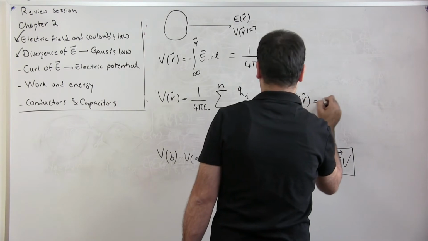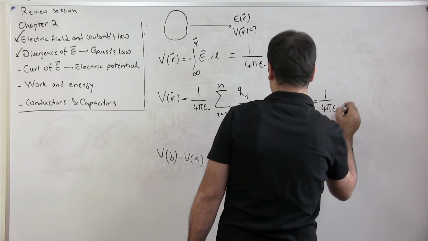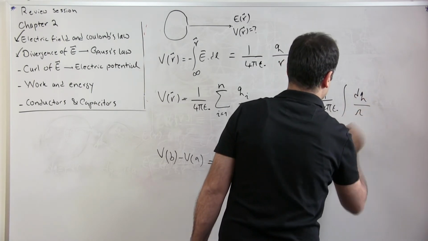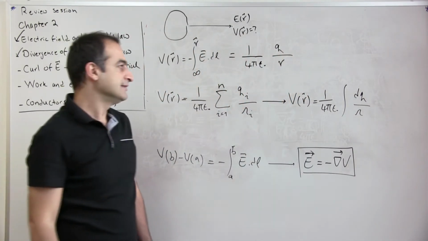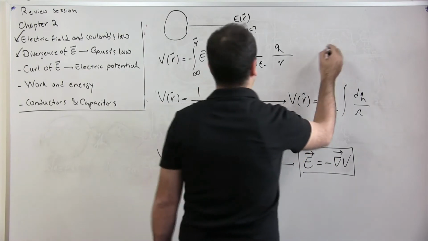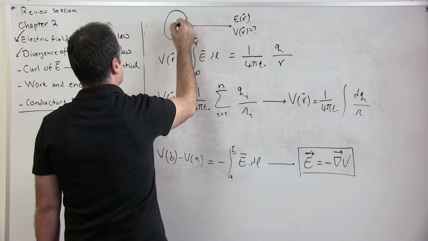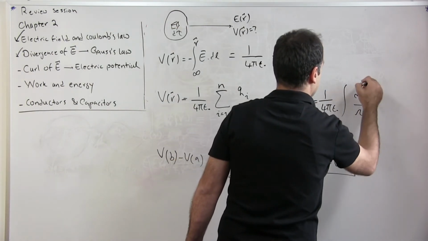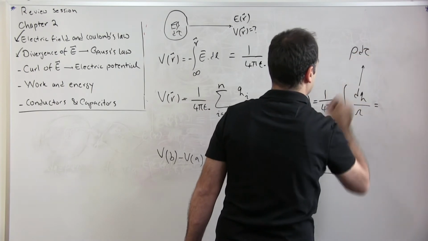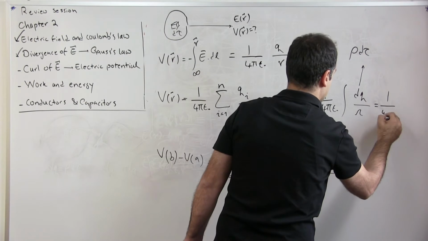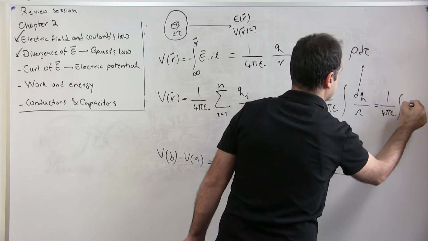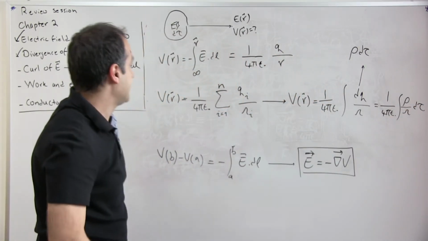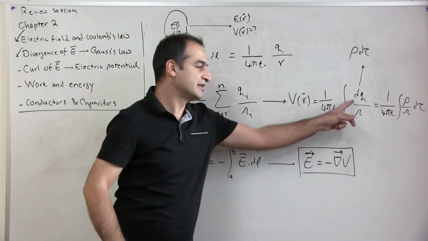V of R is 1 over 4 pi epsilon 0 integral of dq over R. Again, you remember dq, if you have a volume charge distribution, you can look at the volume elements, and dq should be rho times d tau, and that makes the whole integral 1 over 4 pi epsilon 0 integral of rho over R d tau. And if you have a surface charge distribution, dq becomes sigma dA.